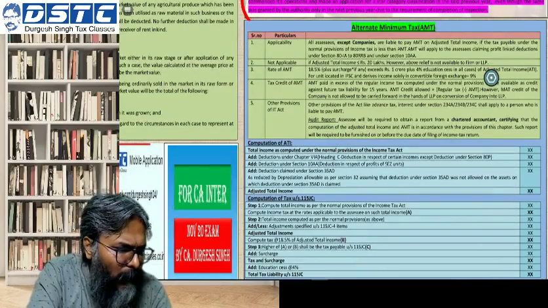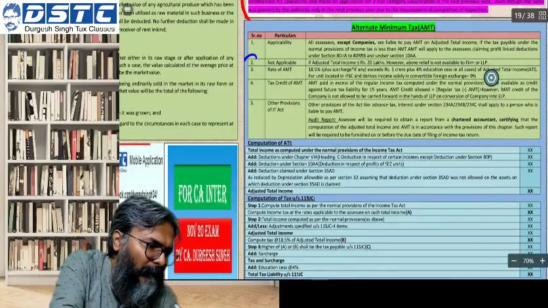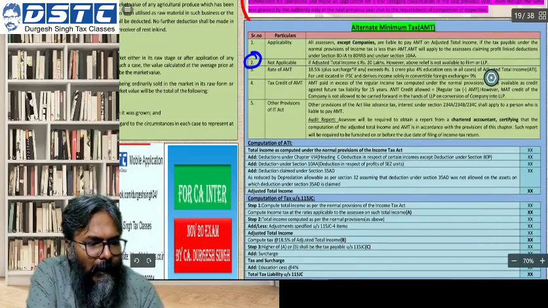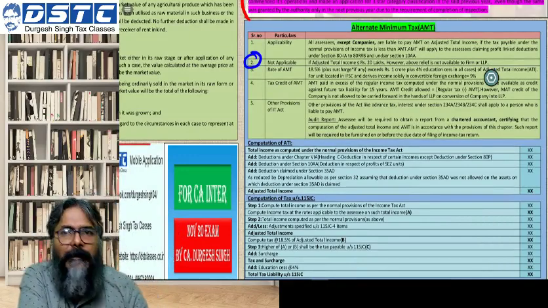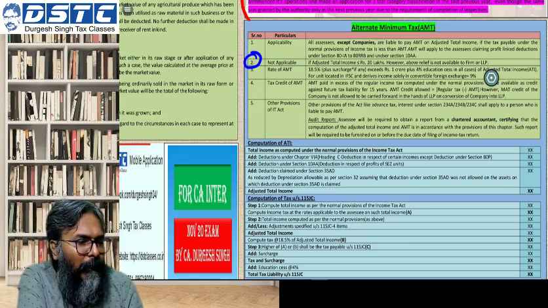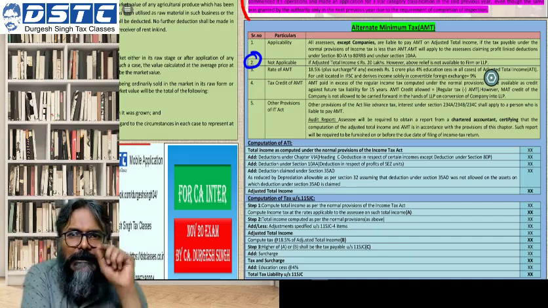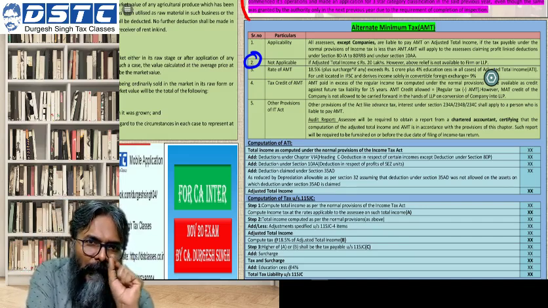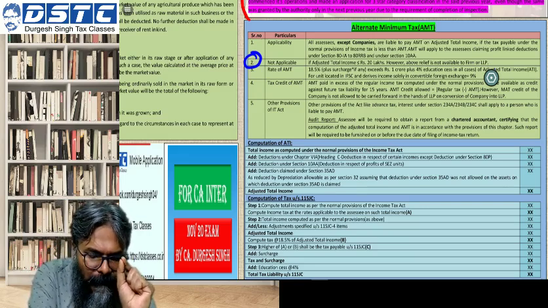If you have a look over here, this point number 2 is very important for the theory. Students, in one case, just be careful.